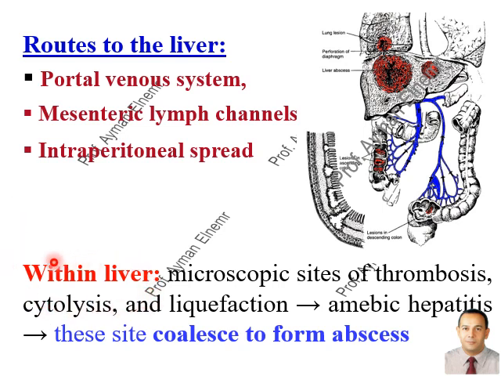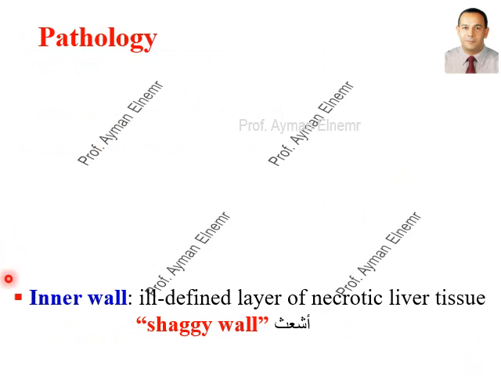Within the liver, it forms microscopic sites of thrombosis, cytolysis and liquefaction, leading to amoebic hepatitis, and these foci coalesce together to form a hepatic abscess. The inner wall of the abscess is an ill-defined layer of necrotic liver tissue. This is called a shaggy wall.